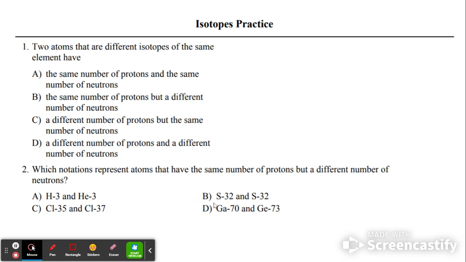Since sulfur-32 and sulfur-32 both have the same mass number, that means they have the same number of neutrons. This question is asking for a different number of neutrons. Thus the answer is C, because chlorine-35 and chlorine-37 have different mass numbers and thus different amounts of neutrons.